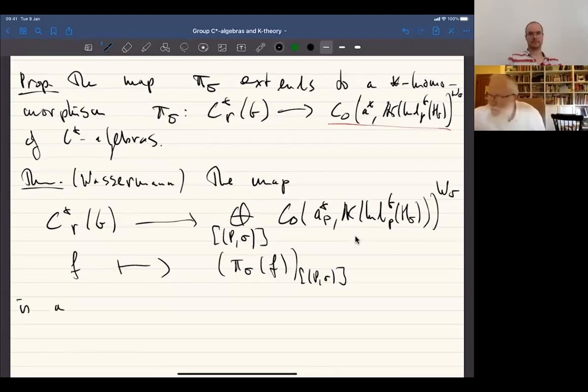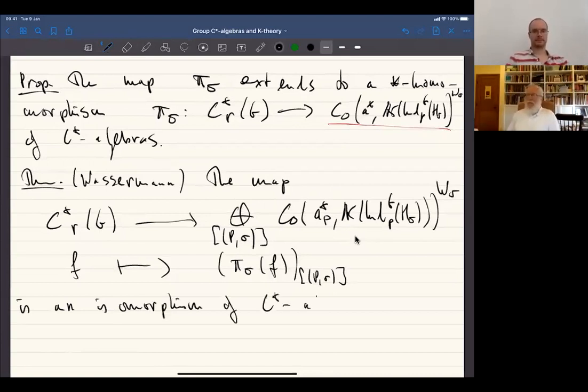This is an isomorphism of C-star algebras. And here, of course, the right-hand side is one of these C0 direct sums. So we've decomposed C-star reduced of G into smaller bits associated to these parabolically induced representations.